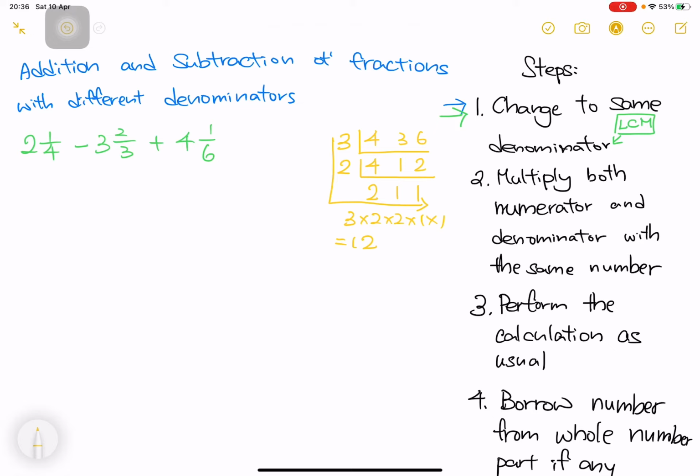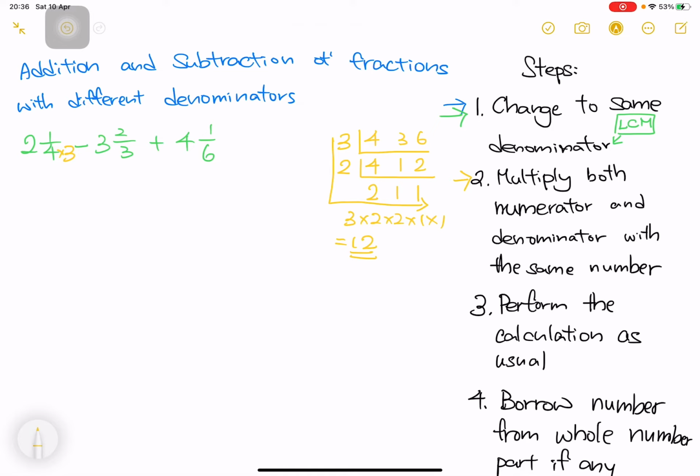Then how can you change the different denominators to be the same one? I have to think what number I need to times for both numerator and the denominator. Like I want it to be 12, and I know that 4 times 3 is equal to 12.